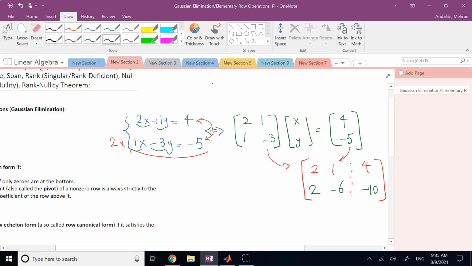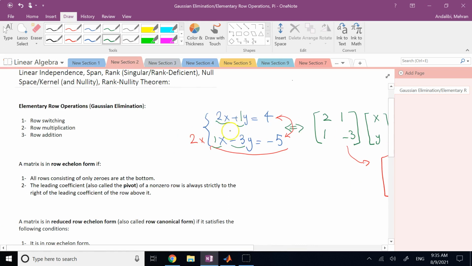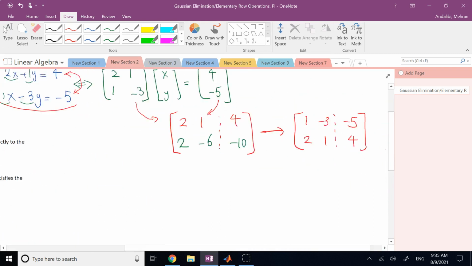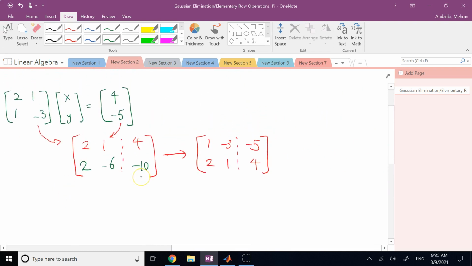Okay, so you can multiply by any constant number any of the rows, and now you can add or subtract any of the two rows to each other. So for example, now that I have this, what can I do? What I can do is I can go ahead and subtract the first row and the second row, right? So second row minus first row. So if I call this row 1 R1, and then this is R2, of course, times 2, correct?